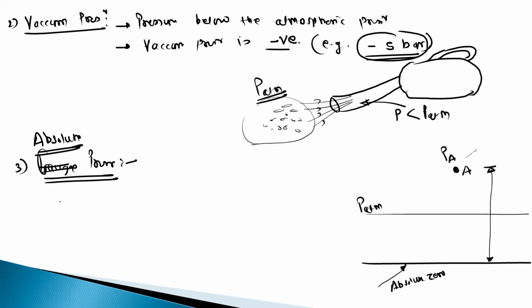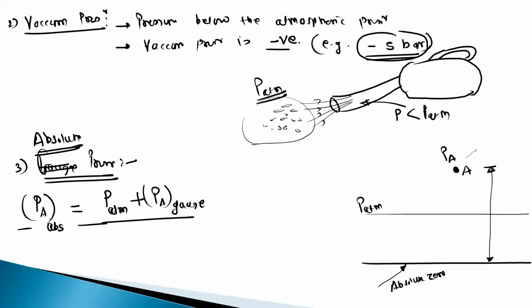So at point A, if you want to measure the absolute pressure, then we can write the equation. Pressure at point A, which is the absolute, is equal to P atmosphere plus P gauge pressure at point A. Okay, so this is the formula to find out the absolute pressure at any point.